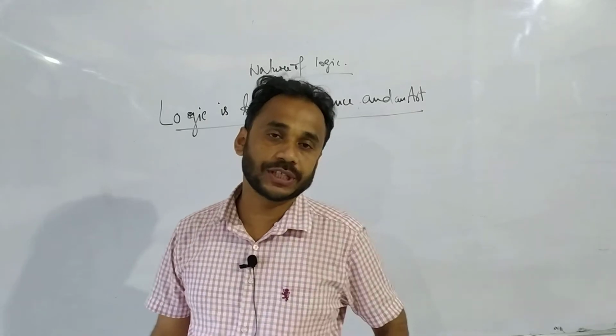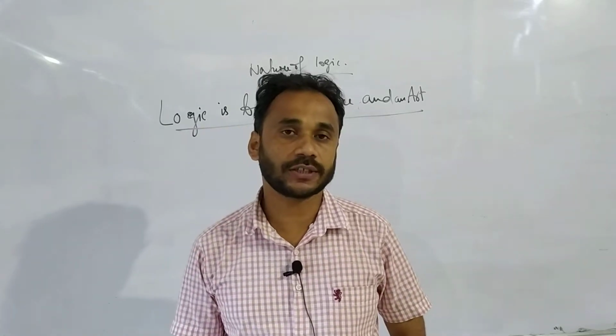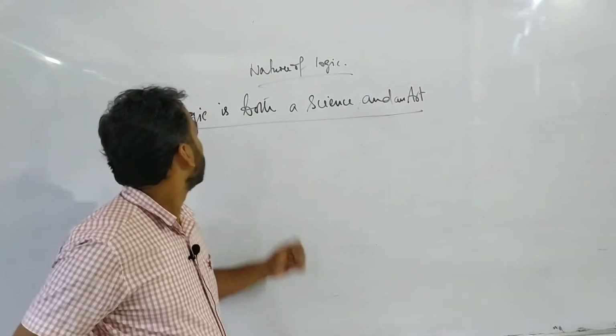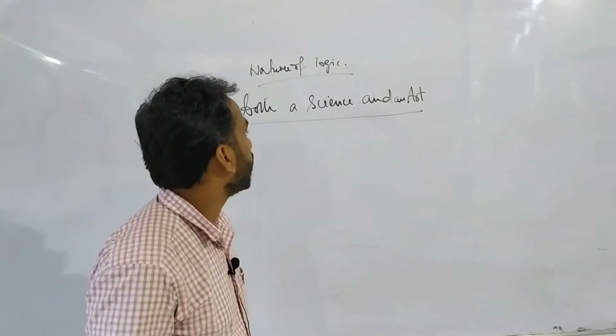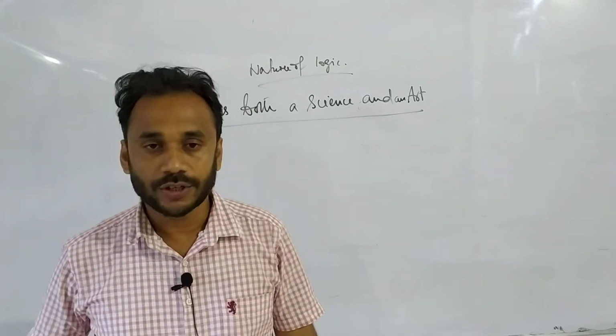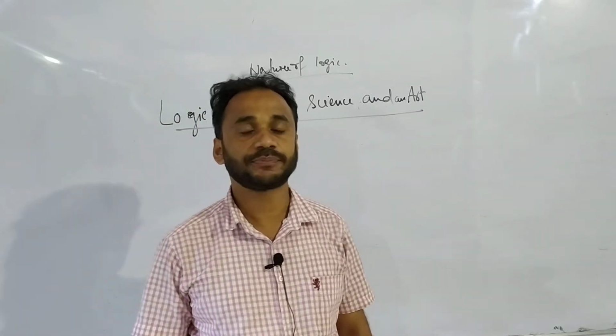Today we are going to discuss the nature of logic, and the topic is logic is both a science and an art. The nature of logic we have already studied.